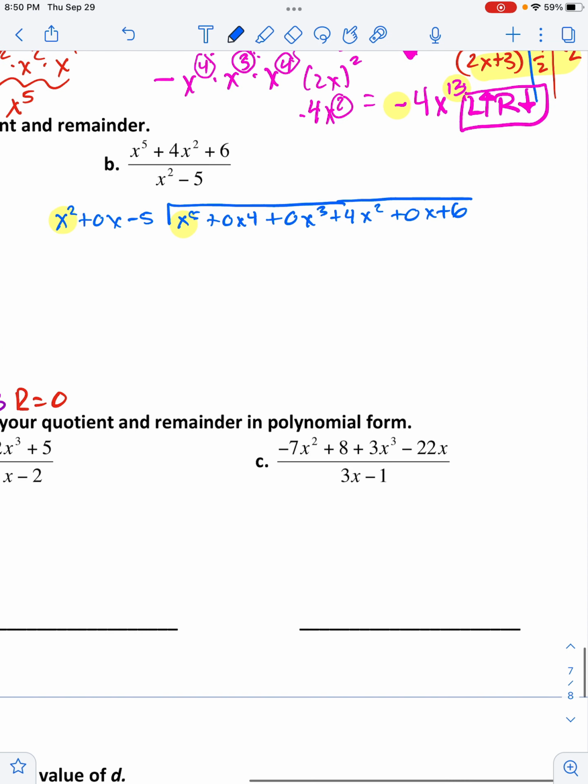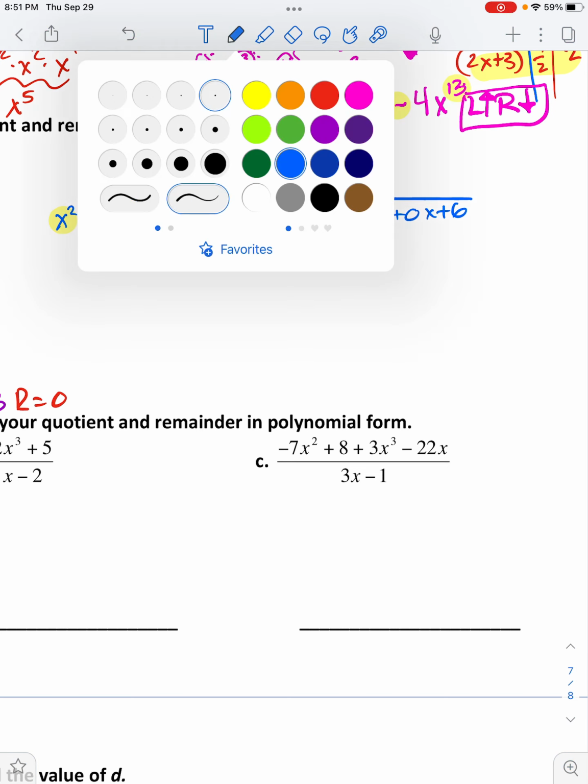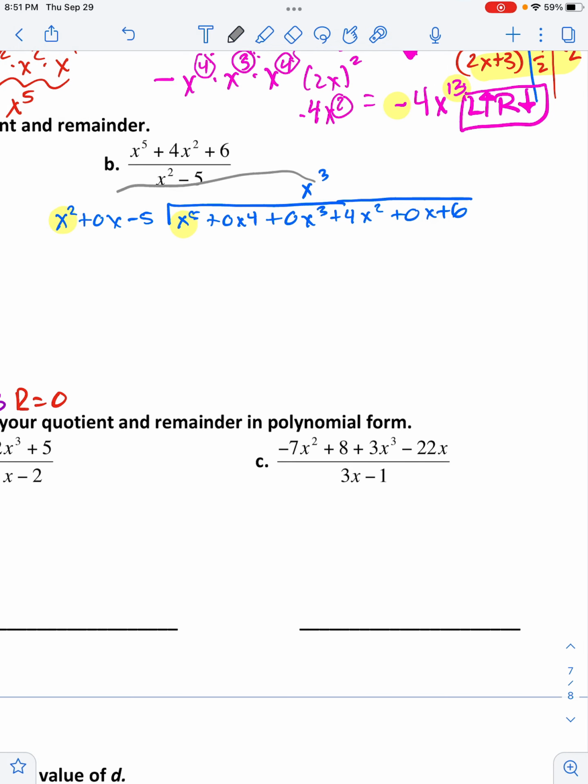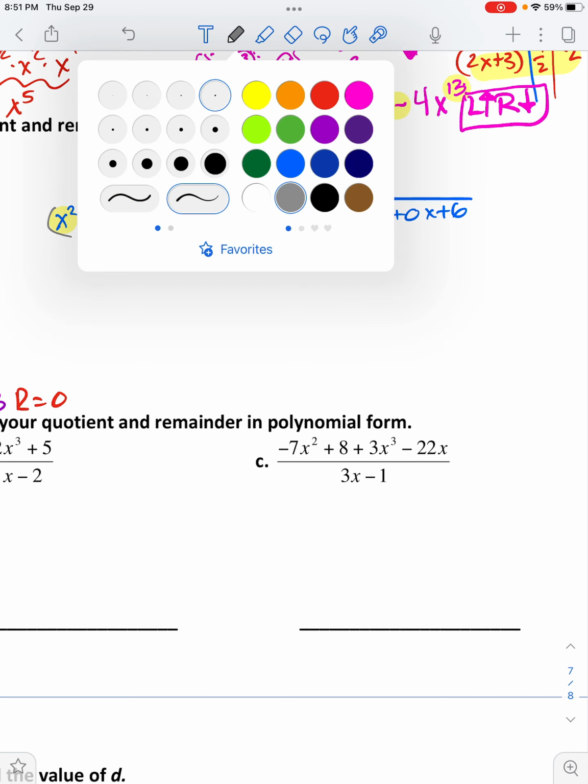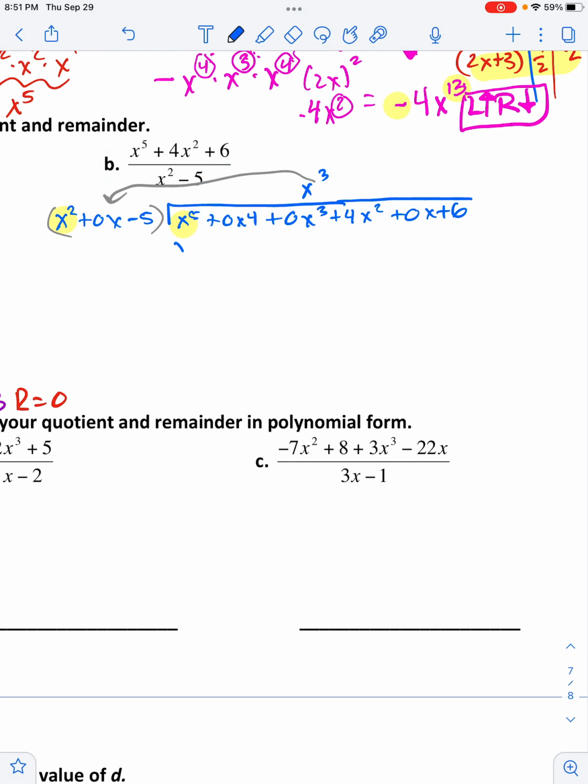So to get my x squared to become an x to the 5th, I'm going to need an x to the 3rd. Then I'm going to multiply that x to the 3rd times everything out here, the whole thing. When I do, I'll get x to the 5th plus this x cubed times this 0x is going to be 0x to the 4ths.